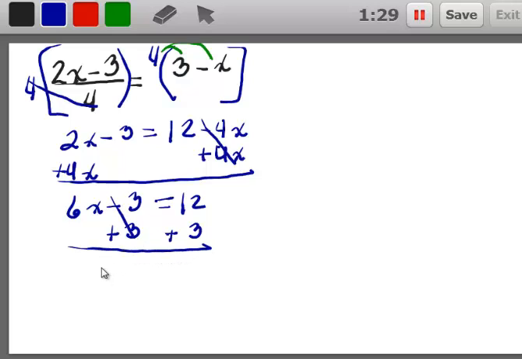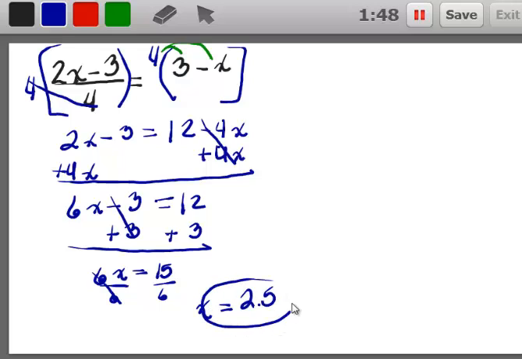And these will cancel out. Then you get 6x equals 15. Divide both sides by 6. These cancel out, and you write your answer as either 5/2 or 2.5. Either one is correct and valid and acceptable for algebra.